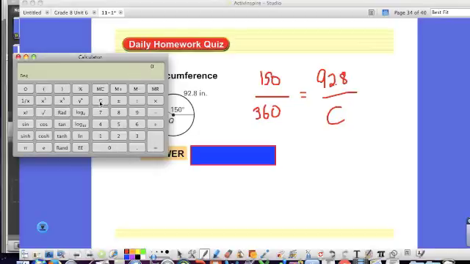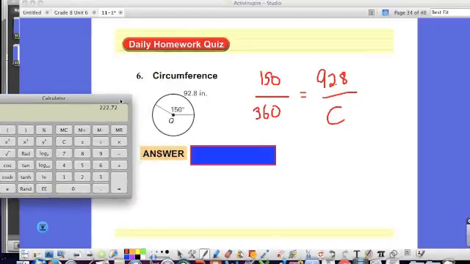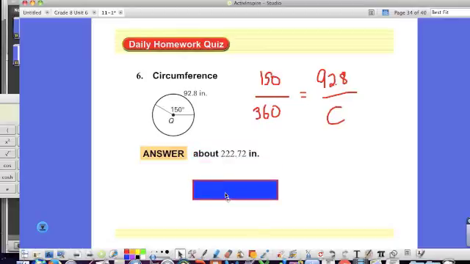Whoops, I hit something wrong here. So 360 times 92.8 equals 33,408 divided by 150 equals 222.72. And we were finding the circumference.